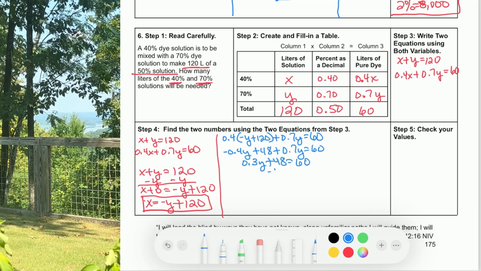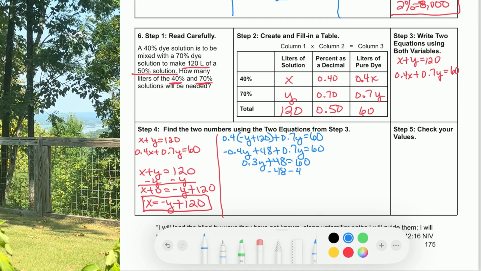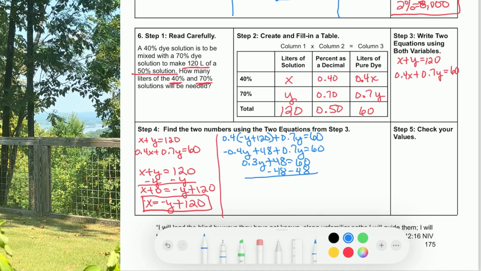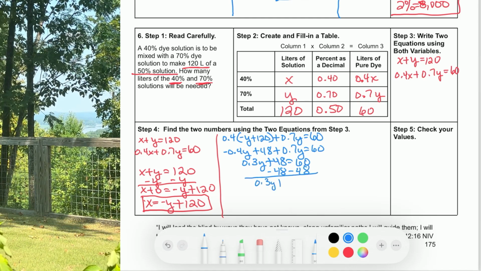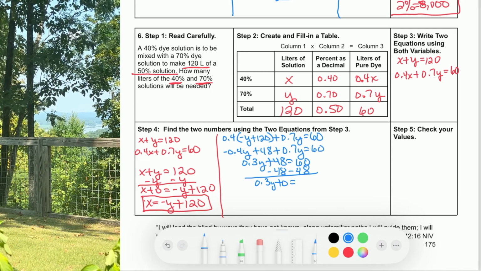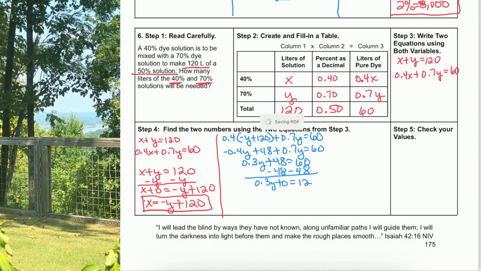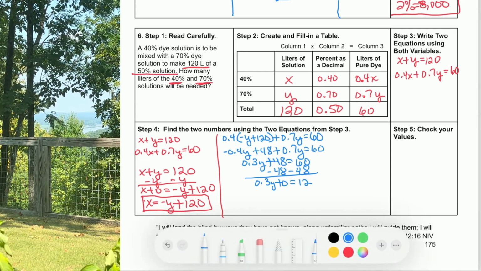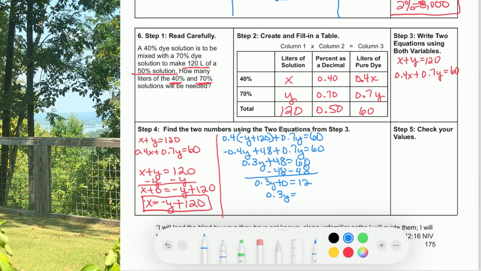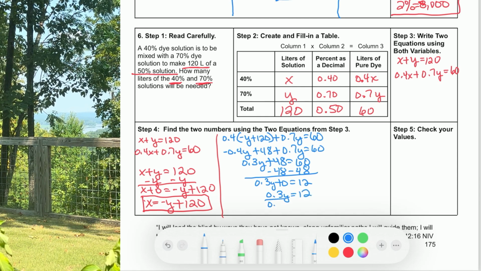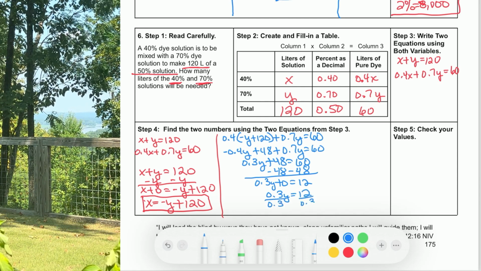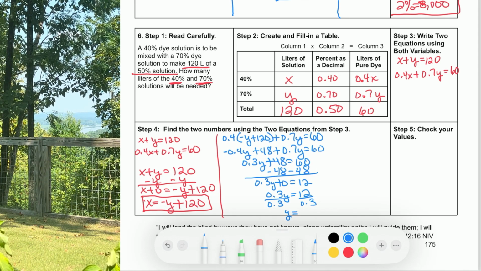Now I can subtract 48 from both sides. And it was 0.3y plus 0 equals 12. Rewrite that out as 0.3y equals 12. Divide both sides by that 0.3. And I get y equals 40.